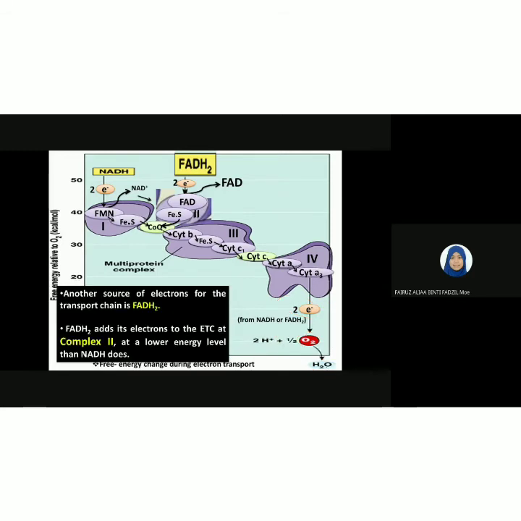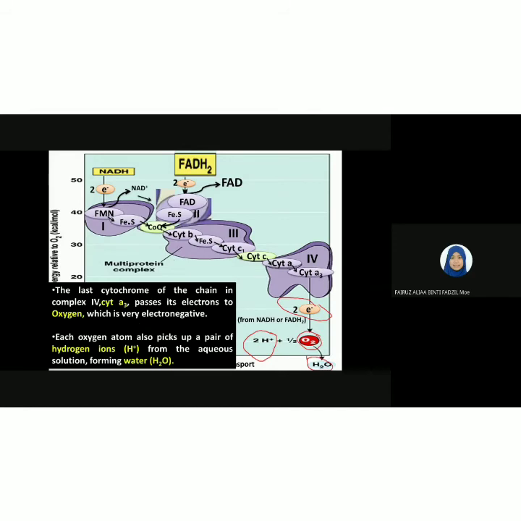So that's all for just now. I have explained how NADH passes the electrons to FMN of complex 1, then to coenzyme Q, then to complex 3, then to cytochrome C, and then to complex 4. In complex 4, cytochrome A3 passes the electrons to oxygen and becomes water.